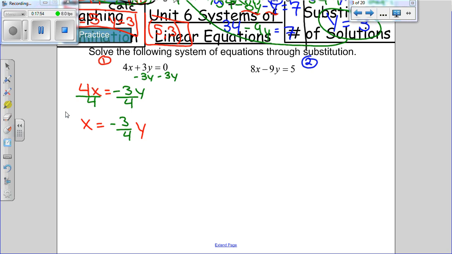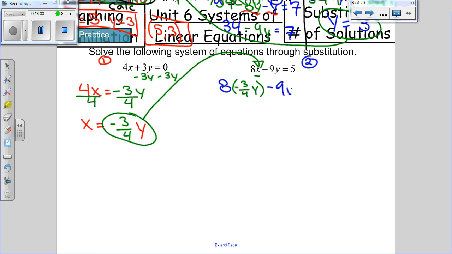That's called substitution. So I take that and I substitute it over. I then write out what I have. I have 8 bracket negative 3 over 4y minus 9y equals 5.